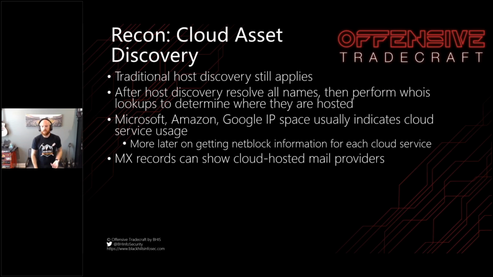So our traditional host discovery still applies. A good initial way to understand an organization's cloud usage is basically to resolve any names you find. It sounds super simple, but a lot of times, after we've done our recon and enumerated all the domains, we can look at enumerating the IP space.